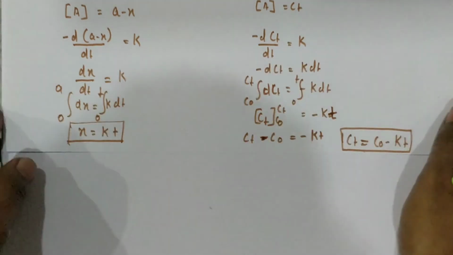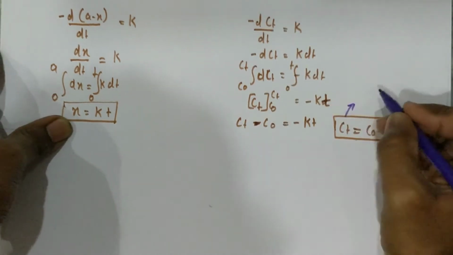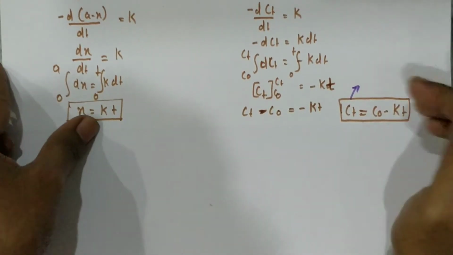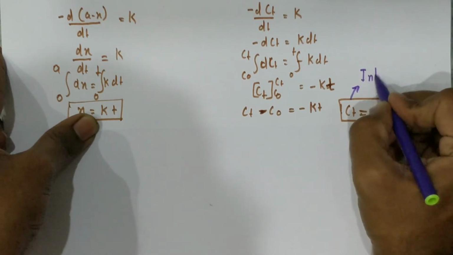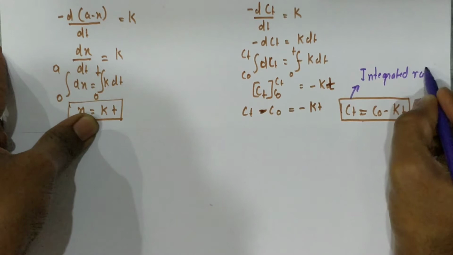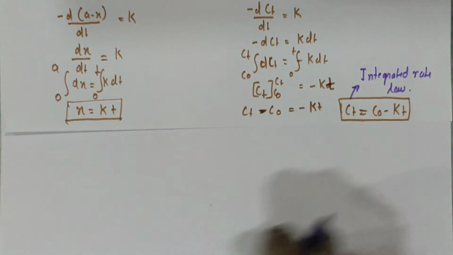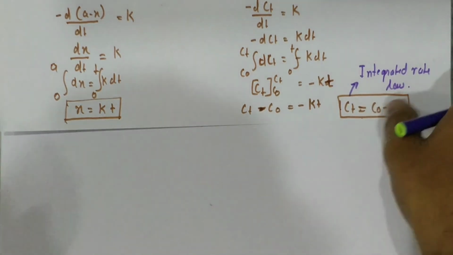This equation, Ct equal to C naught minus Kt, after integration is also known as the integrated rate law.